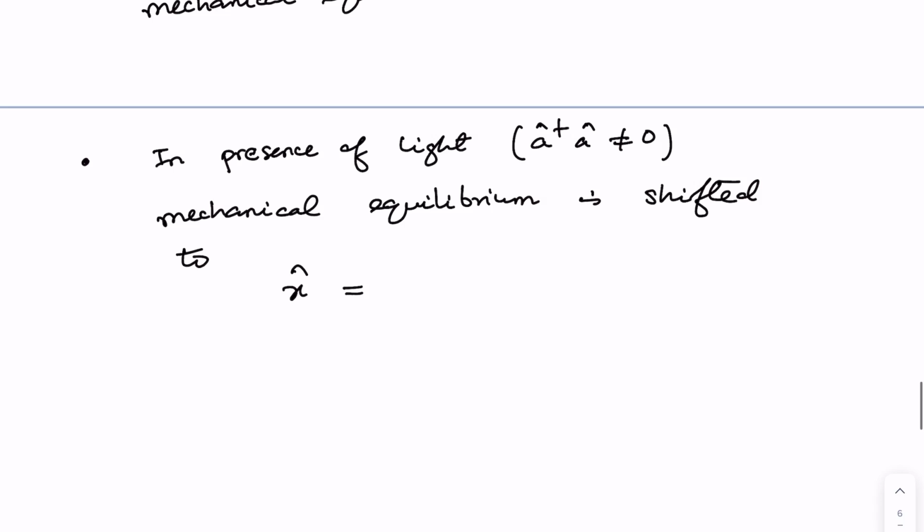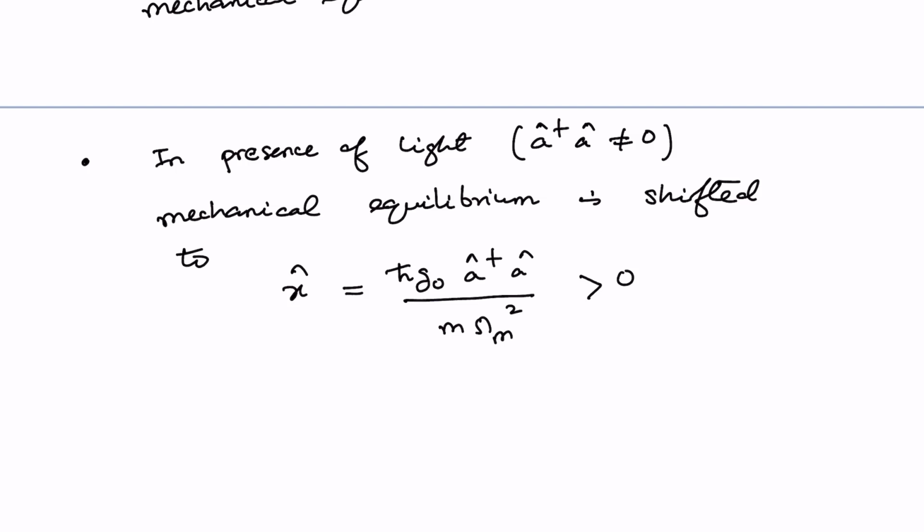So you have it as ħ z0 a†a divided by m ω_m², and that is greater than 0. This makes sense physically because the radiation pressure force acts to the right.